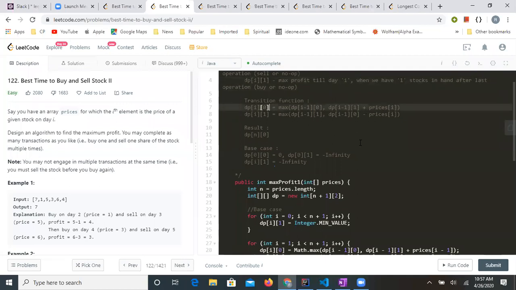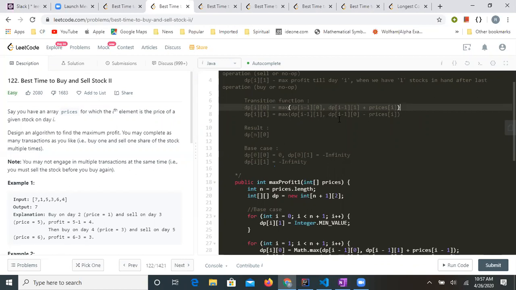Transition function will be the same. I can have 0 stocks in hand if I already had 0 stocks from the previous day, or I had 1 stock from the previous day but I sold something today. Then I will have 0 stocks in hand by the end of today.